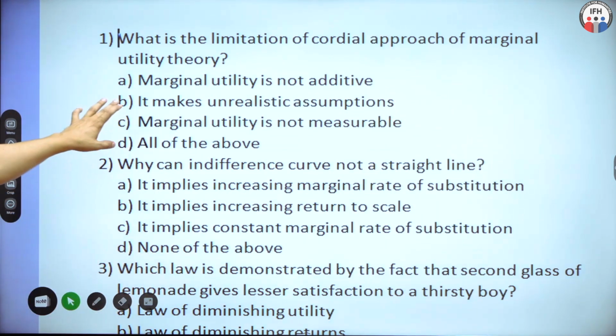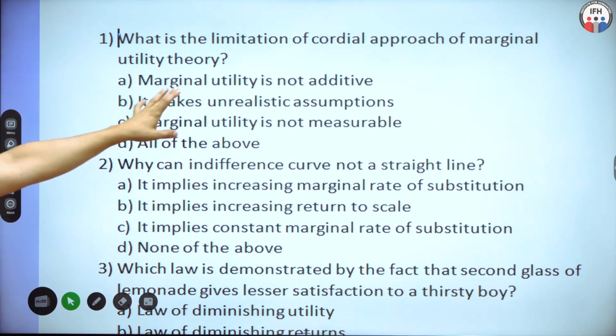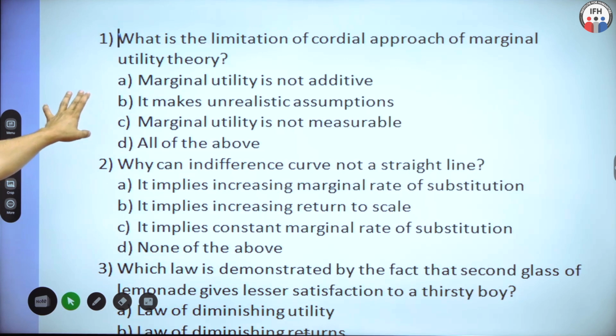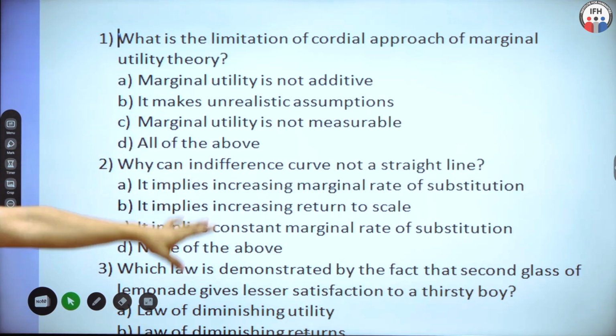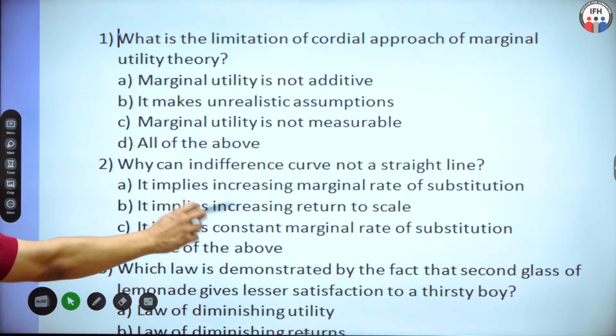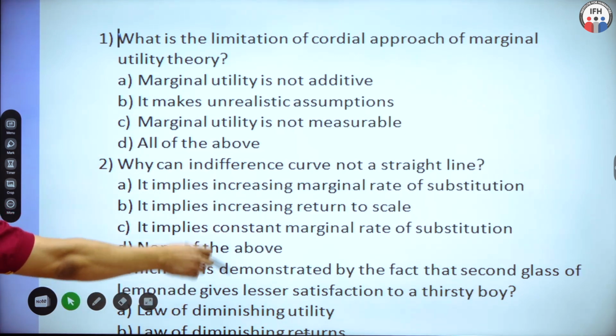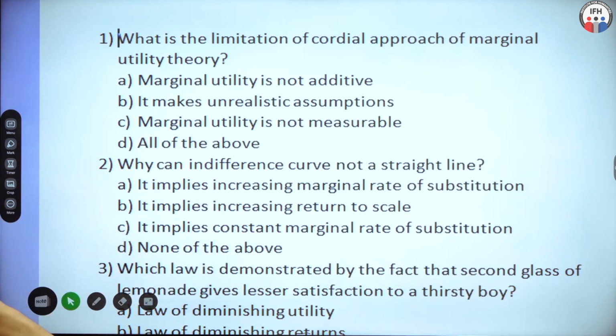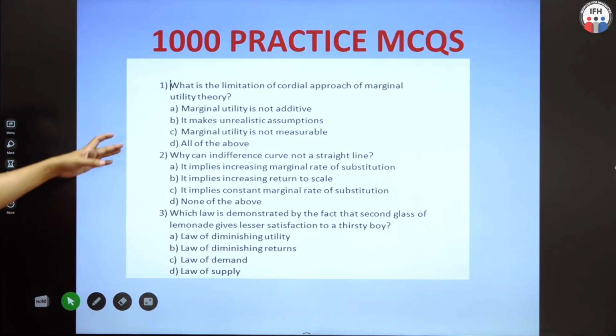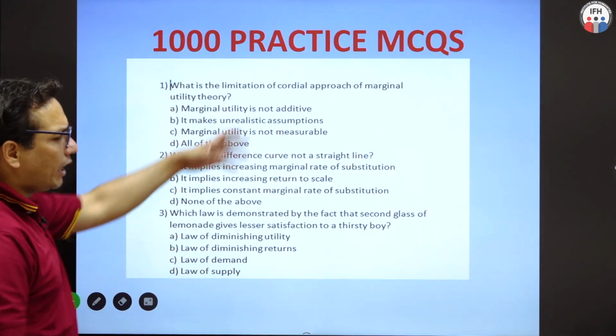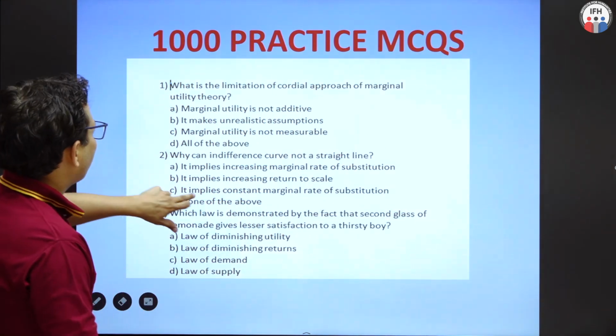These are questions from 11th class NCERT, like: what is the limitation of the cardinal approach of marginal utility theory? Why can an indifference curve not be a straight line? Which law is demonstrated by the fact that a second glass of lemonade gives lesser satisfaction to a thirsty boy? What is diminishing utility? We'll discuss these things. This is just a screenshot of what type of questions will be given.